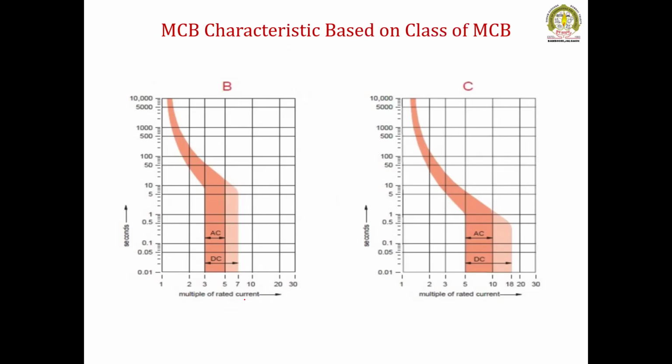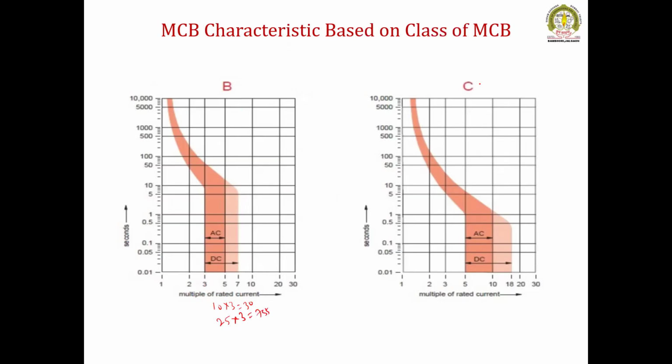It is a multiple of the current rating, say for example 10 ampere. A multiple of its current rating of 3 times will be 30 ampere. If the MCB rating is 20 or 25 ampere, then 3 times is 75 ampere. So it is a multiple of the current rating against the time of operation. This much is the inverse characteristic, and here it is the instantaneous operation.